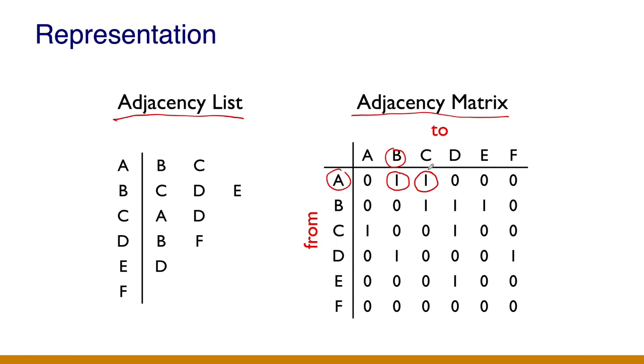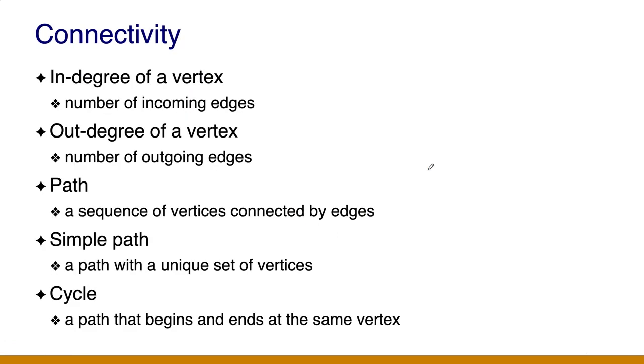So in terms of connectivity, we have the following important definitions. First, two properties are defined for an individual vertex. For a particular vertex, we can define the in-degree. This is essentially counting the number of edges that are going into a particular vertex.